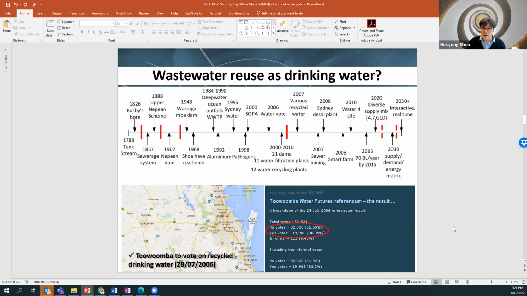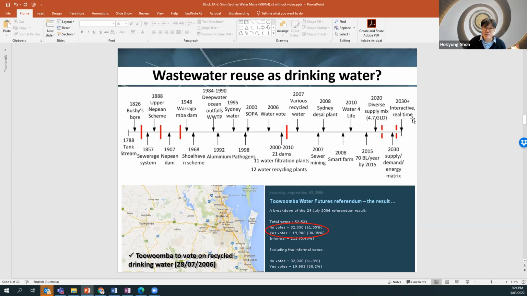So far in Australia, it is not possible to drink recycled water directly from your tap water system. But compare your drinking water with recycled water versus seawater desalination.